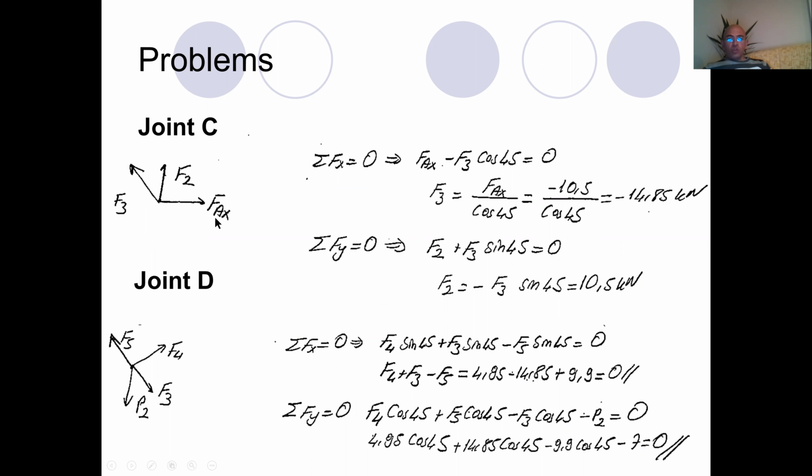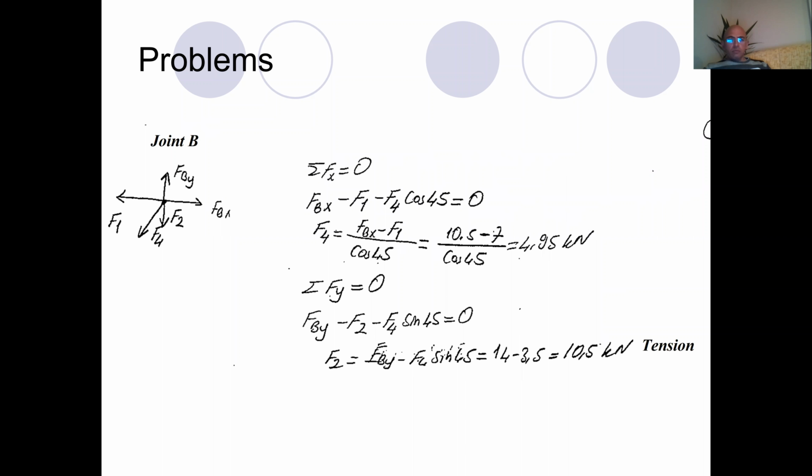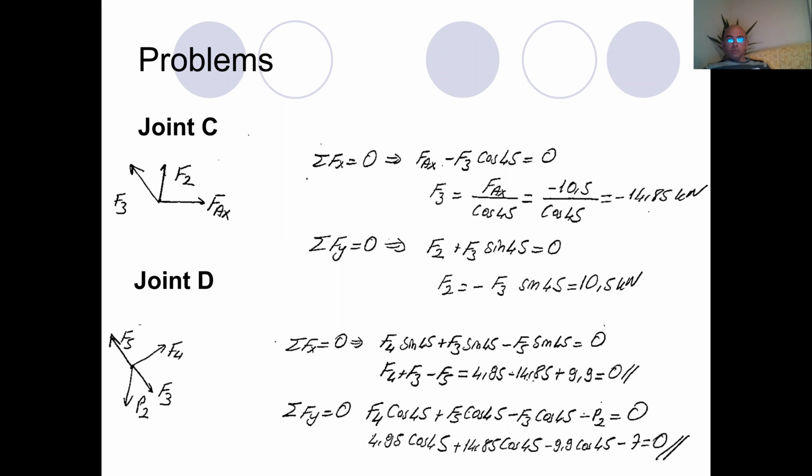Fax is already known from the support reactions. So the sum of the forces in x direction has to be equal to 0.